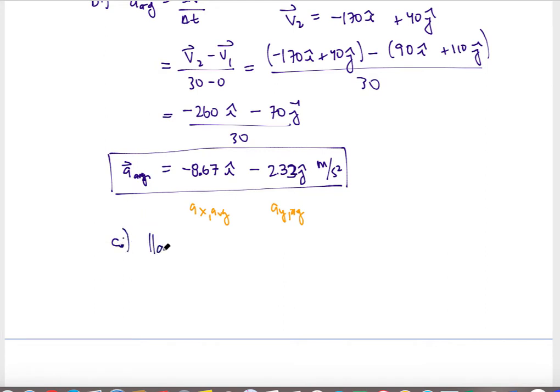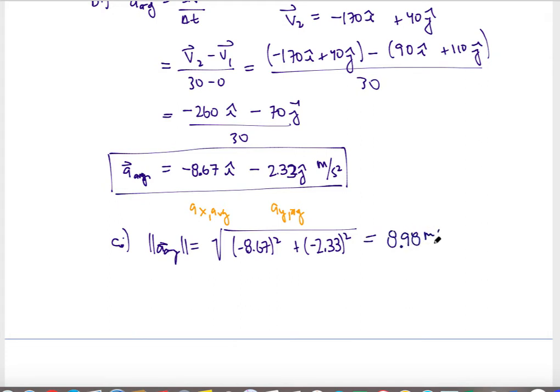So the magnitude of my average acceleration vector is just going to be the square root of negative 8.67 squared plus the square of 2.33 squared, which works out to be 8.98, or about 9 meters per second squared as my magnitude.